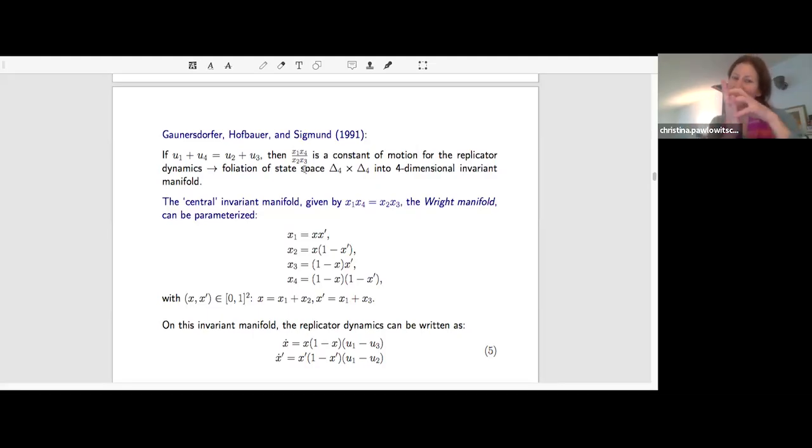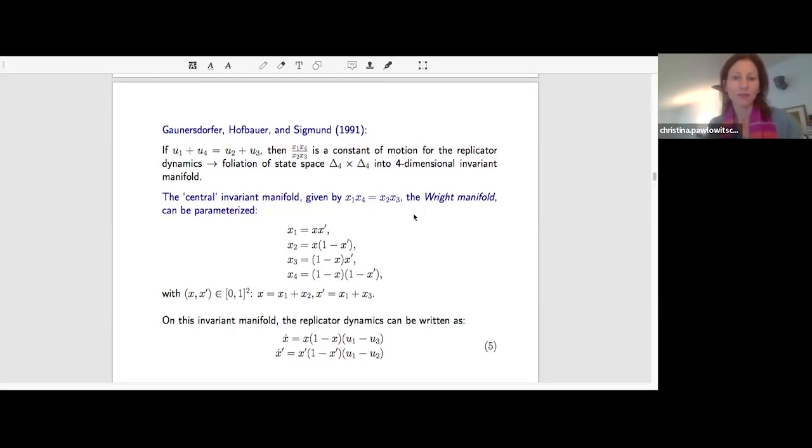So we don't really look at the entire dynamics, but we look at the central invariant manifold when this expression here is 1. And so this is sometimes called in theoretical biology the right manifold. This goes back to work by Ross Cressman.